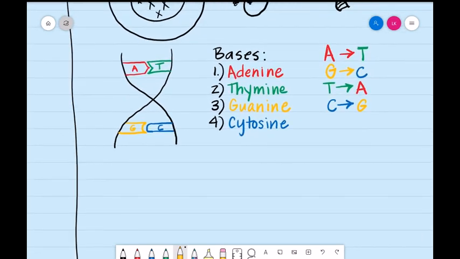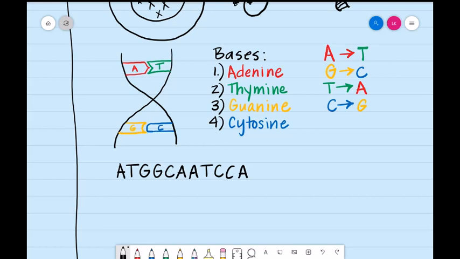So if I were to take the code A, T, G, G, C, A, T, C, C, A, I would know exactly what comes next.